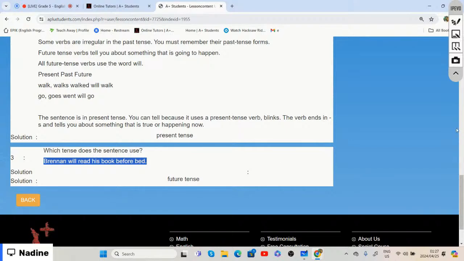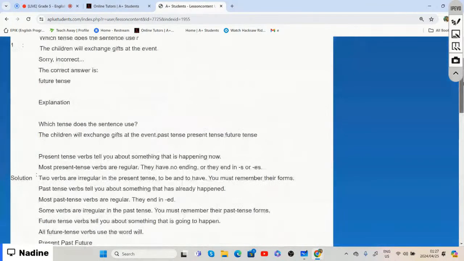All right, so this is the future tense, right? Especially the word will in front of our verb shows that it is the future tense.